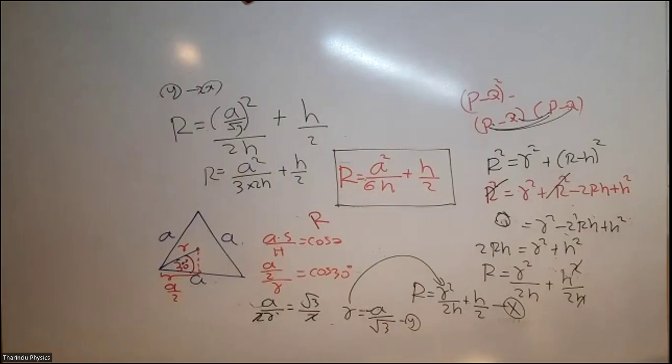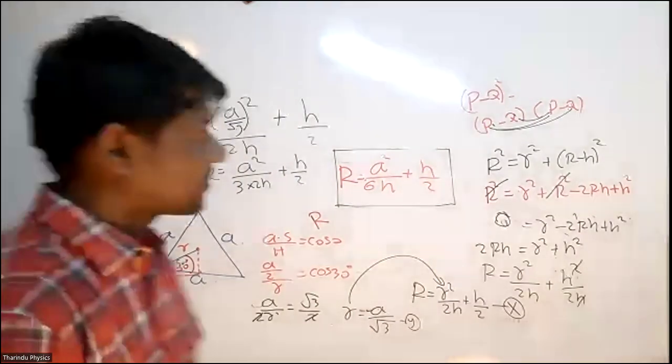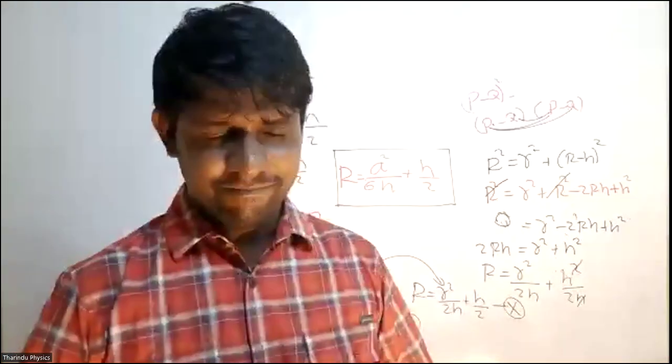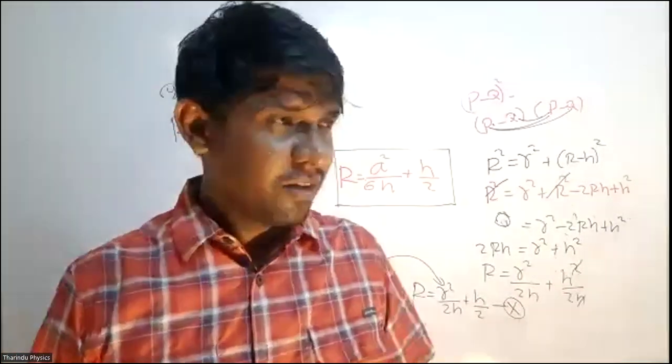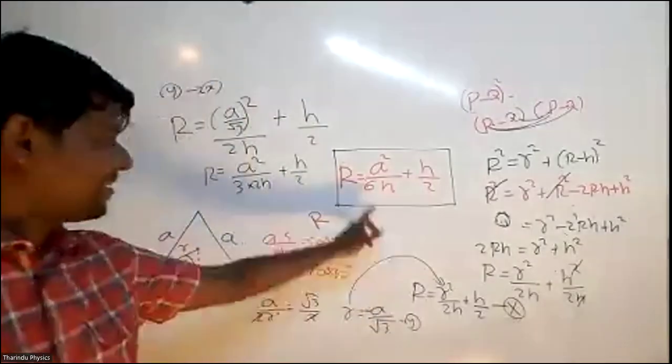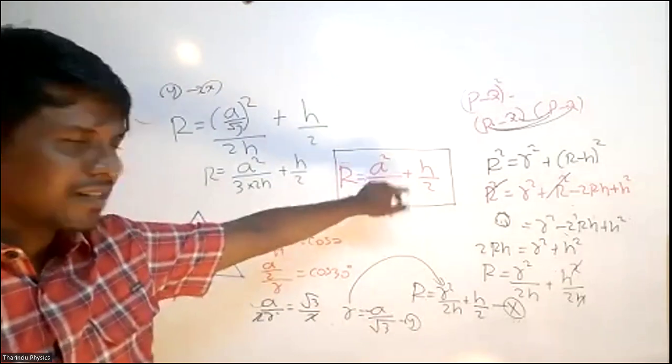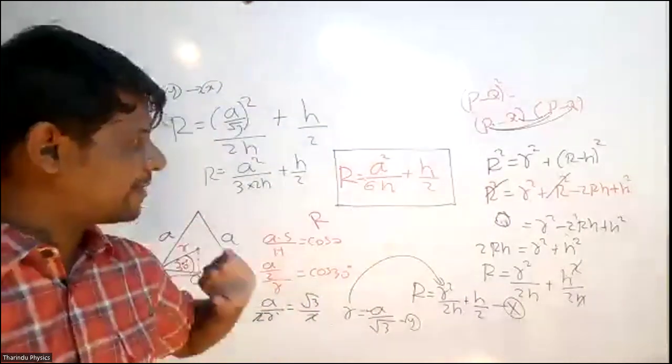I'm pretty sure everybody would understand this. If somebody couldn't, try by watching the video. If still not getting the way, don't worry. Don't even try to remember this equation. The equation will also be provided in the question paper.